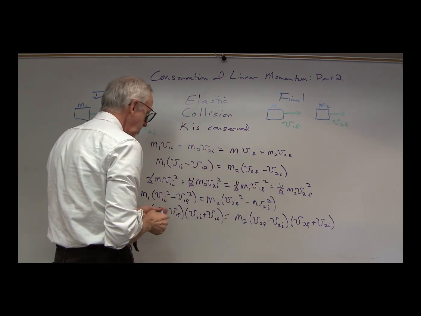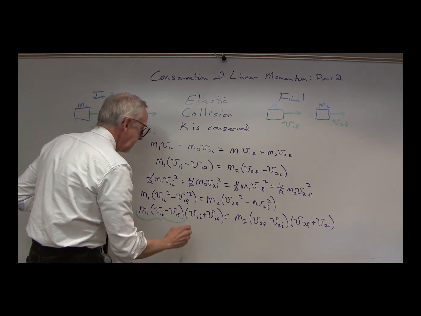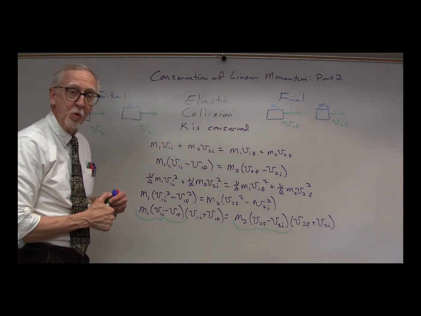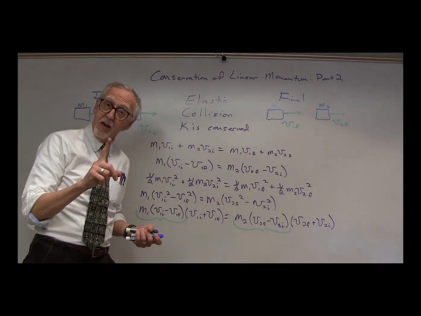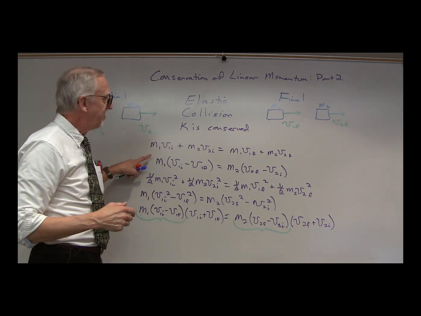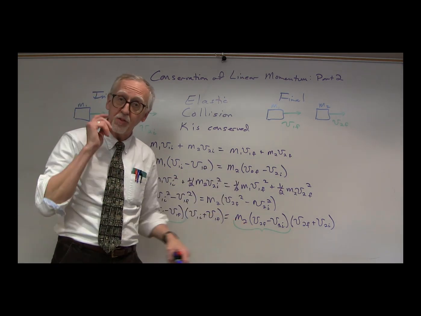So we know that this term equals this term, which means we could divide them off, under one condition: they're not 0. If these are both 0, then we can't divide off 0 from both sides.